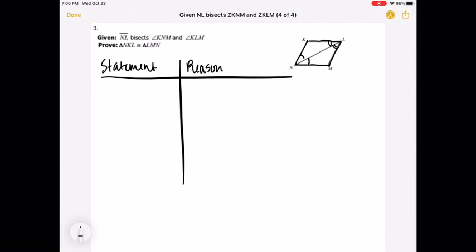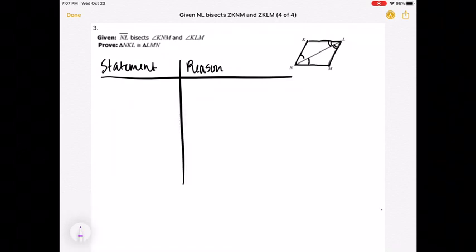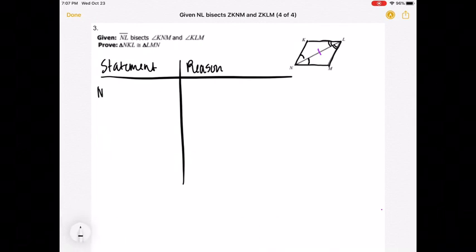Okay, and now I need to find any other information that I can find. So take a pause here, look at those set of triangles, and see what else you can find that is congruent. All right, hopefully you have found something else. What you should have found was simply the common side, so NL there. All right, and actually I didn't write my given, so let's do that real quick.